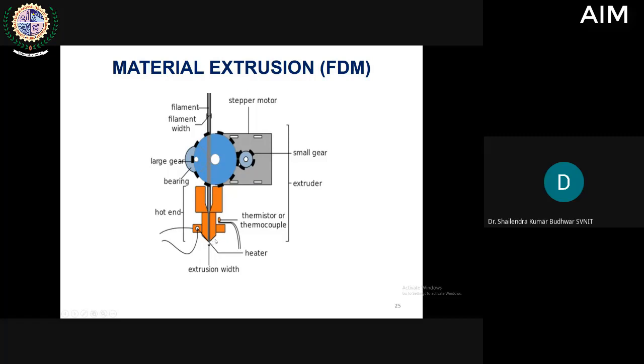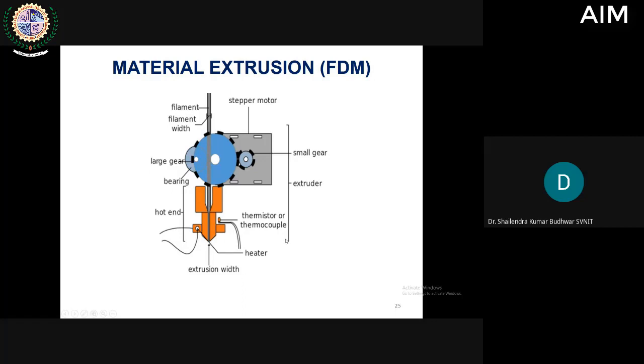So here the main thing is that material should be available in filament form, and that material is melted, and then the molten material is extruded through the nozzle of the extruder and deposited on the build platform.